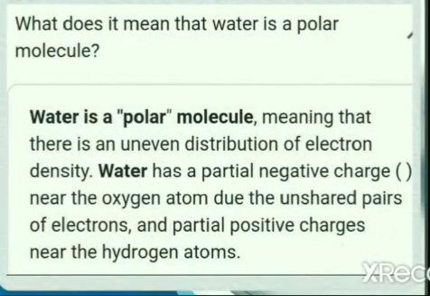What does it mean? Water is a polar molecule, meaning that there is an uneven distribution of electron density. Water has a partial negative charge near the oxygen atom due to the unshared pair of electrons and a partial positive charge near the hydrogen atoms. What does it mean?